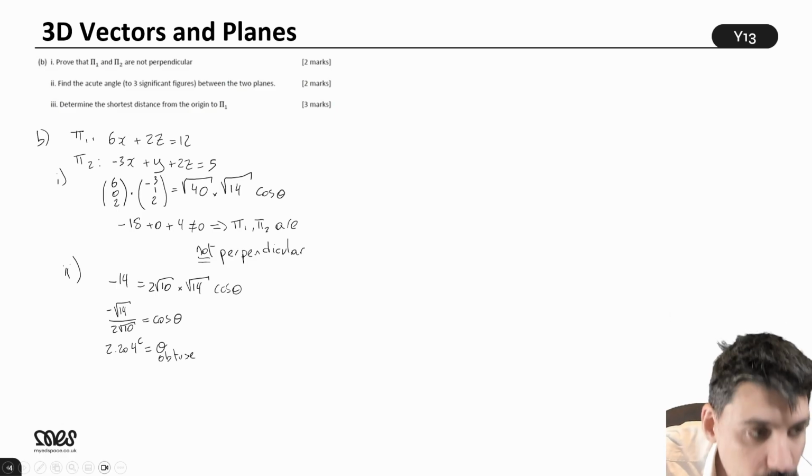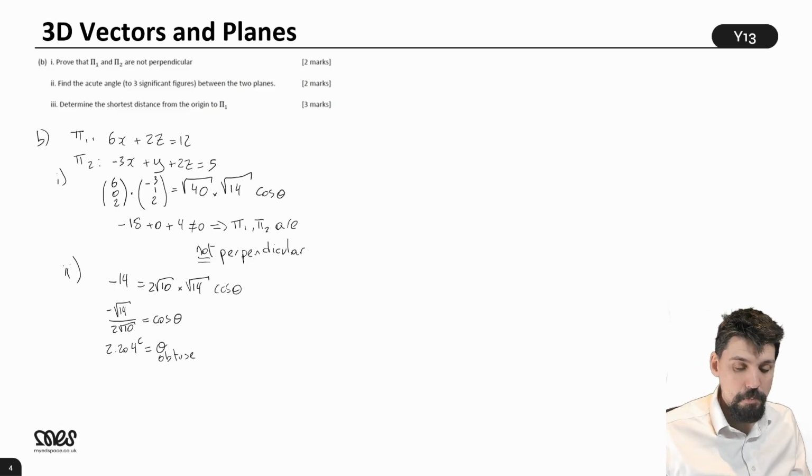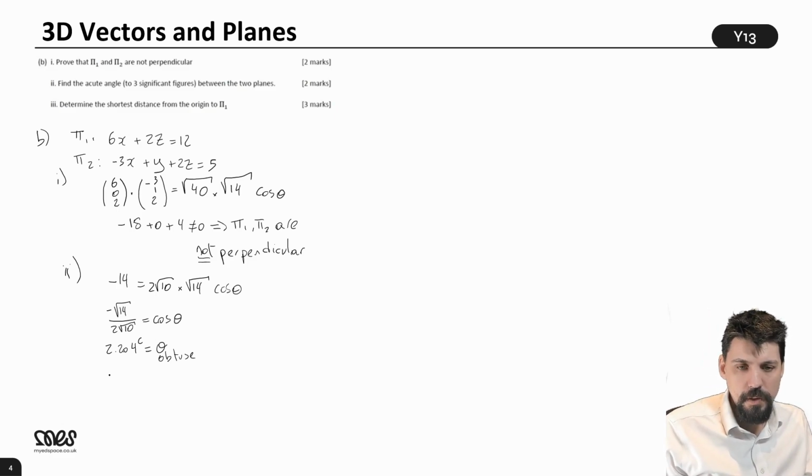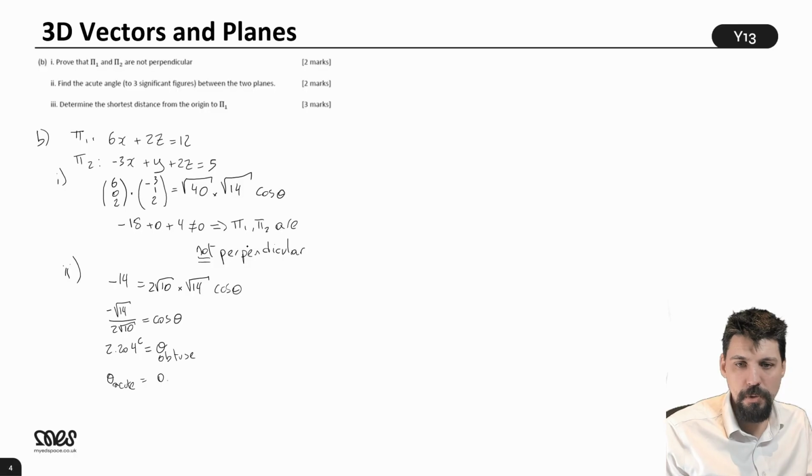And therefore, my actual acute theta is pi minus that, which is 0.9. Oh dear, so that's what happens when you're not looking where you're writing, everyone. 0.938.